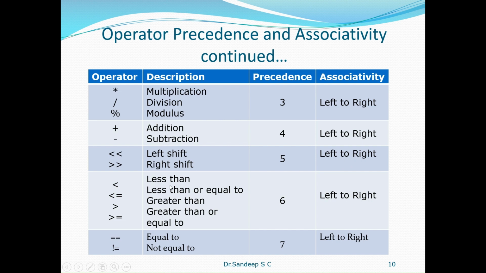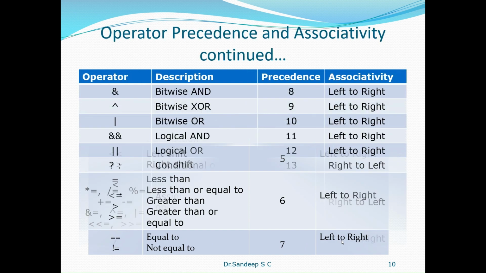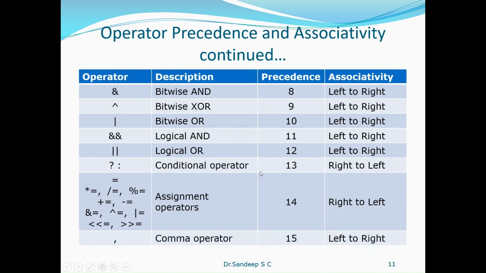Then we have comparative operators, less than or equal to, greater than or equal to, with a precedence of 6, evaluated left to right. Then equal and not equal, also comparative operators, with precedence 7 from left to right. Then we have bitwise operators AND, XOR and OR, and then logical operators, logical AND and logical OR.